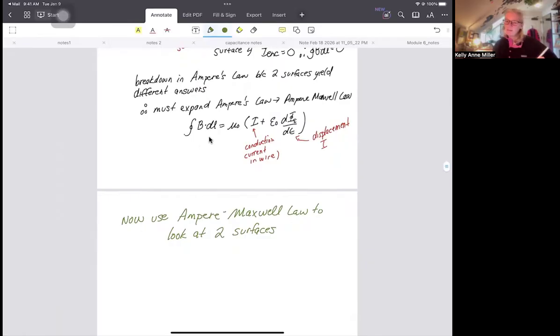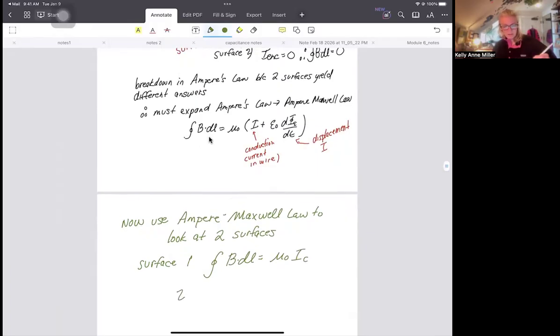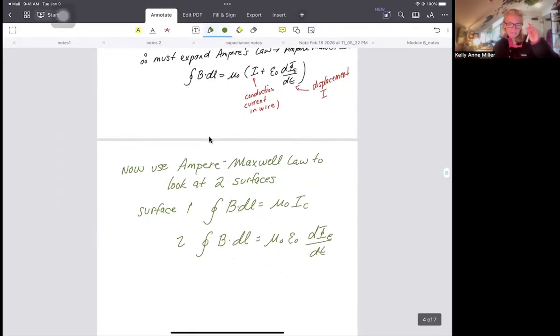Now we can say that surface 1 has just the regular conduction current, and surface 2 has the displacement current. So that's going to be mu naught times epsilon naught times the change in electric flux as a function of time.